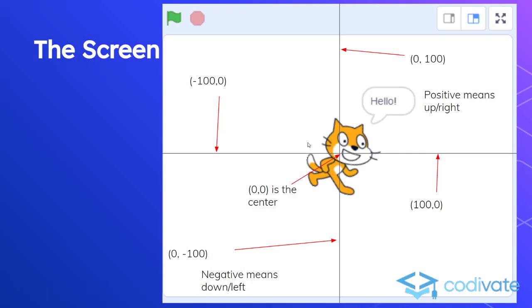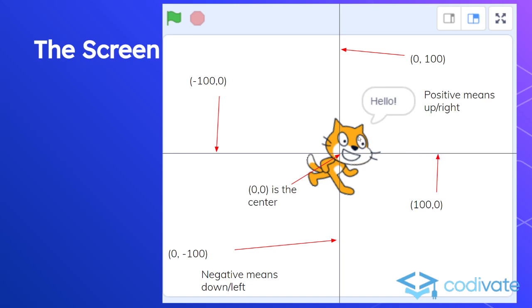So here is an example of the Scratch screen with two axes drawn on. And here's some examples of coordinates. So 0, 0 is the center. And this one to the right is going to be 100, 0, because you would take 100 steps to the right to get there, and you wouldn't go anywhere up or down.